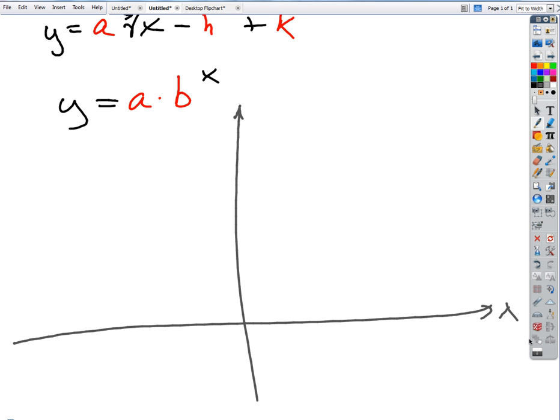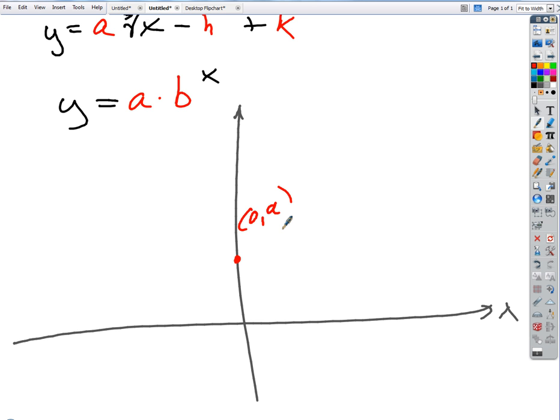How come? The 0 exponent property. Anything to the 0 power equals 1, right? So if we plug in 0 for x, we get back a times 1, so we just get back a. So one point we're going to have is the y-intercept at 0, a.